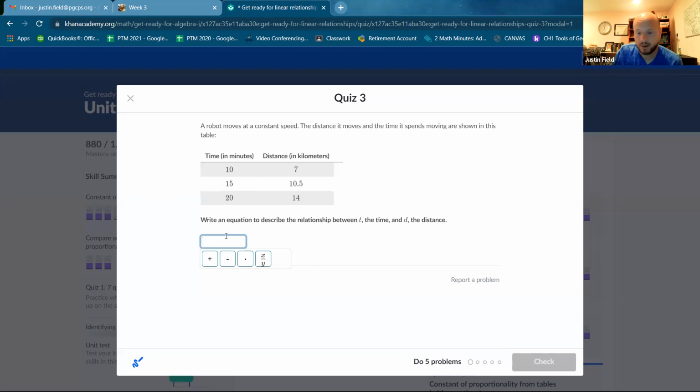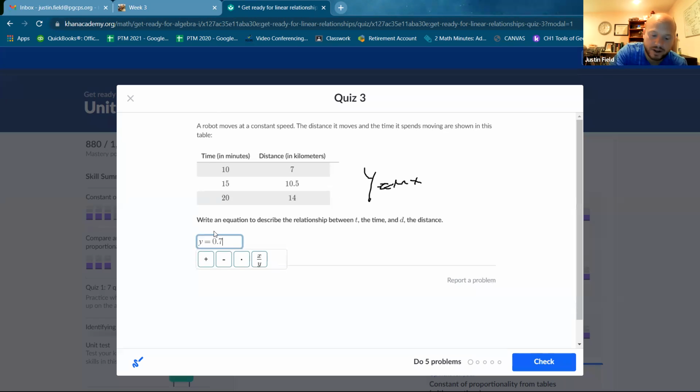I got 0.7, 10.5 divided by 15, I got 0.7, and 14 divided by 20. Yep, it's proportional, guys. So that means we got y equals mx. And I found the constant of proportionality was 0.7 when I divided y over x. So it's y equals 0.7x.